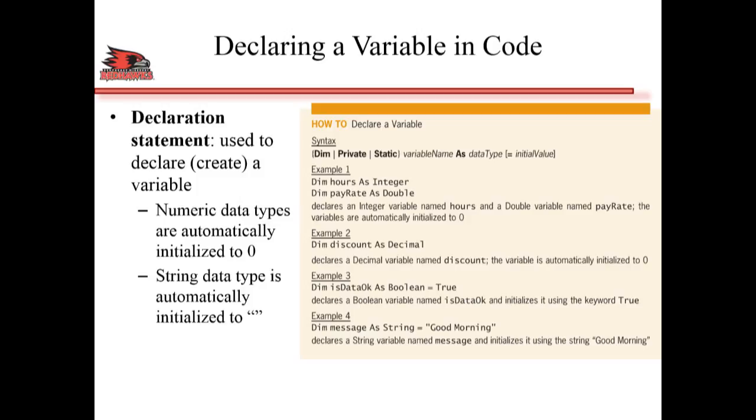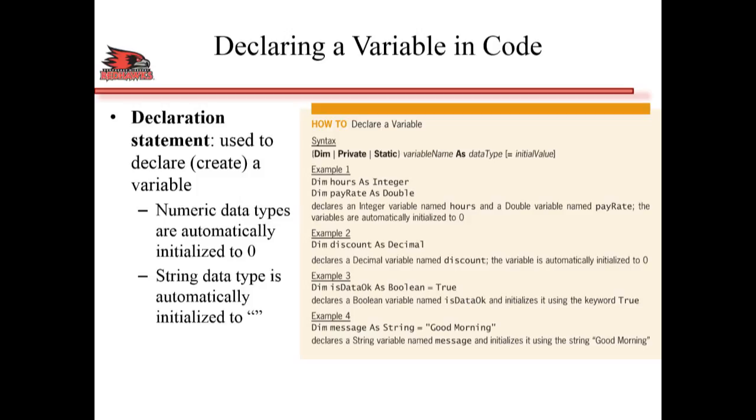We have the option of initializing the variable with some value or character, based on whether it's a number or a text variable. So your hours might be 12 or 7 or whatever, and you put that after your data type. In example 3, dataOkay is a Boolean variable with an initial value of True.